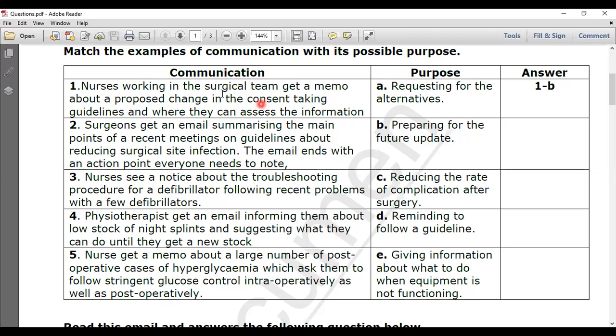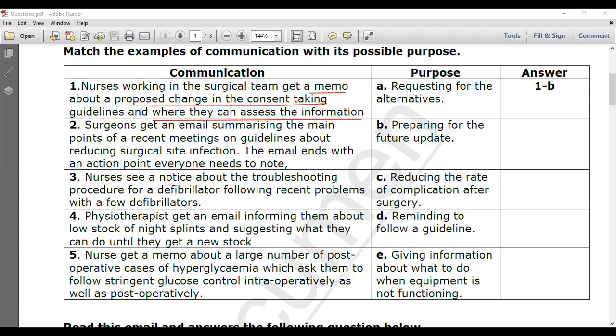Now, if you can see the first one, it says the nurses working in the surgical team receive a memo. So memo is usually used to remind something about a proposed change in the consent taking and where they can access the information.